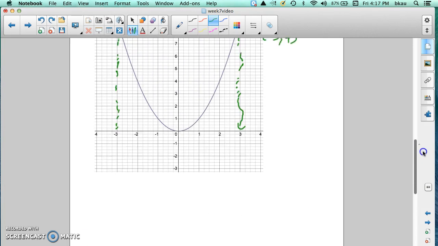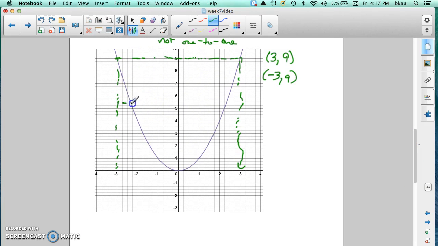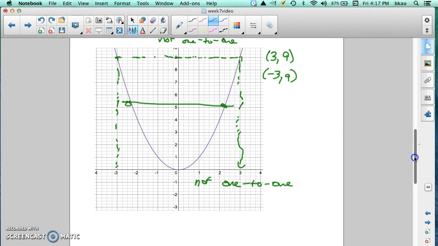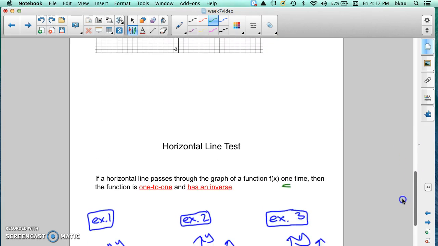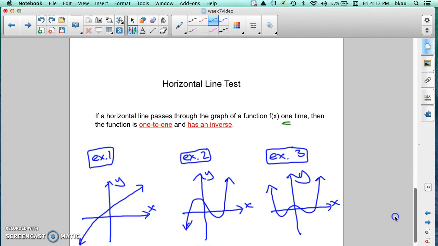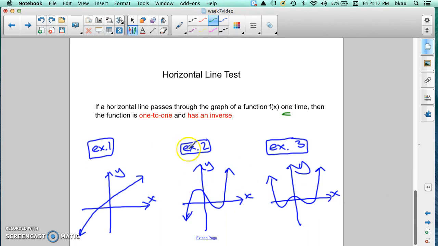If we were to draw a horizontal line here, in several places we have 2 crossings. That's why it's not one-to-one. As I wrote up here as well, that's the test that we use on a graph: drawing a horizontal line and having it cross once.